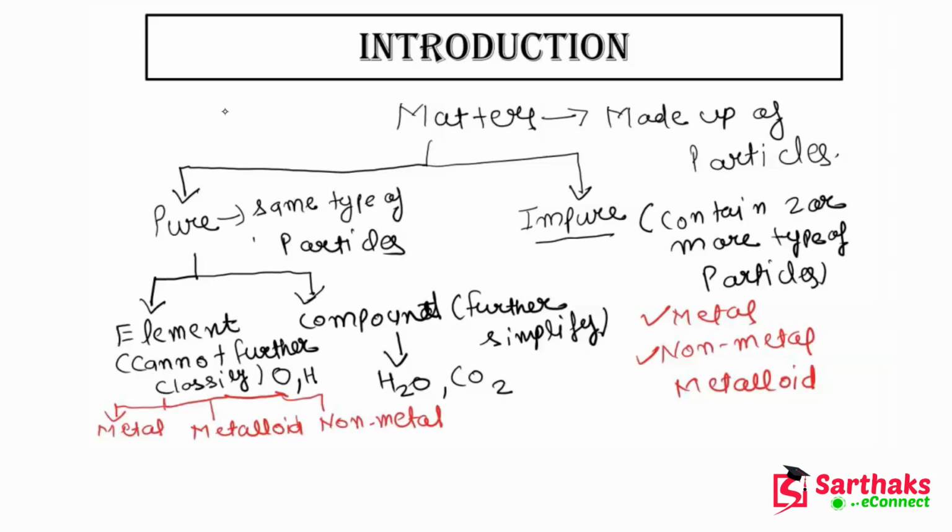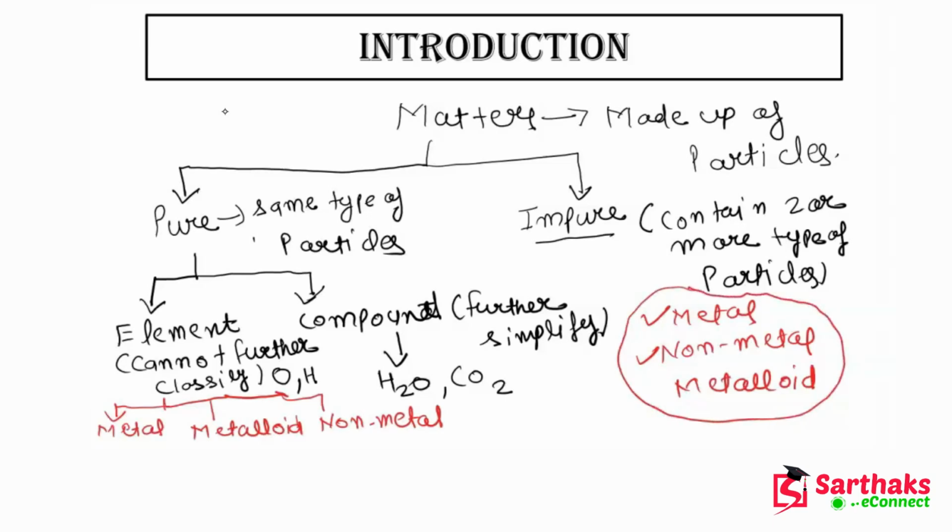I was just linking this chapter with class 9 so that it will be easier for you to understand: matter can be classified into pure and impure matter, pure matter into element and compound, and element into metal, non-metal and metalloids, and this is what we will be discussing in this chapter.